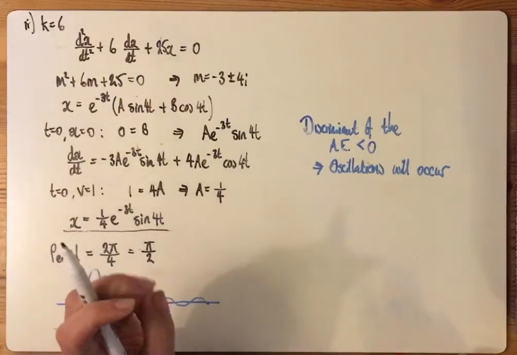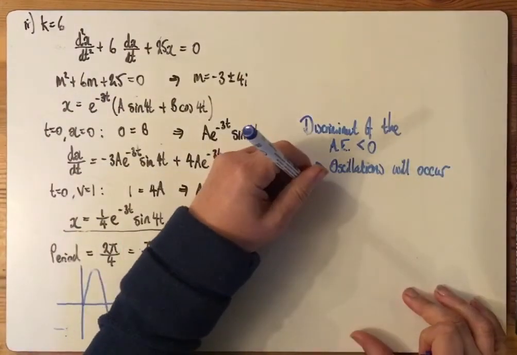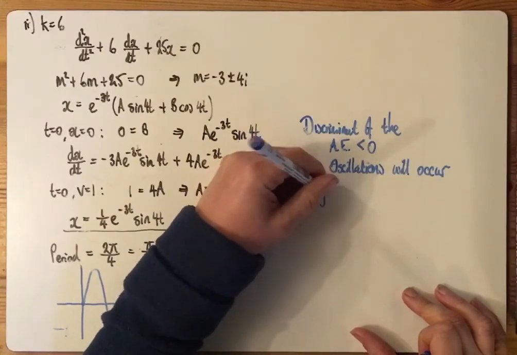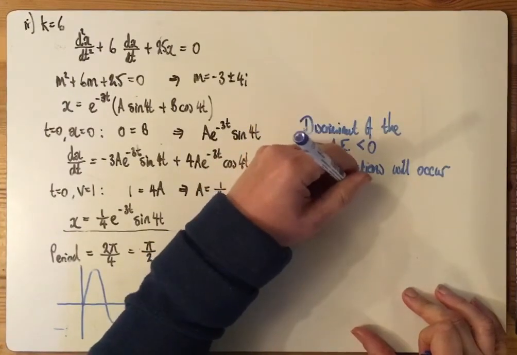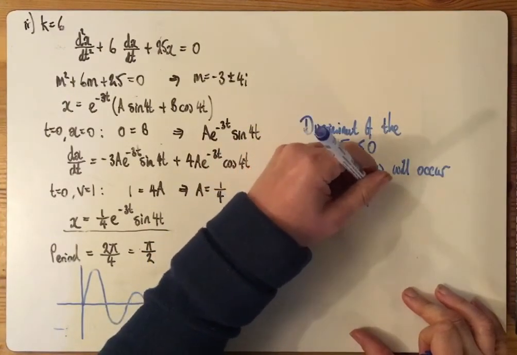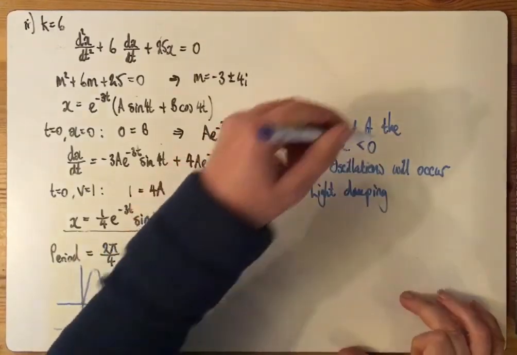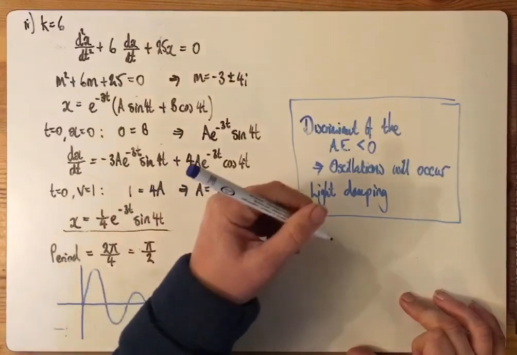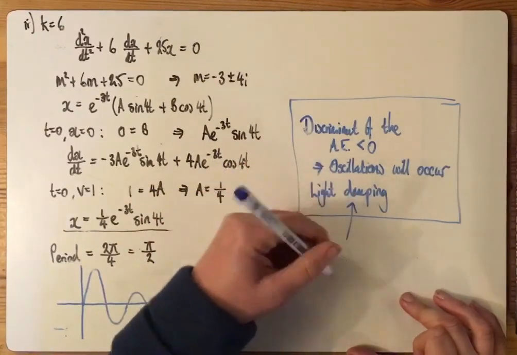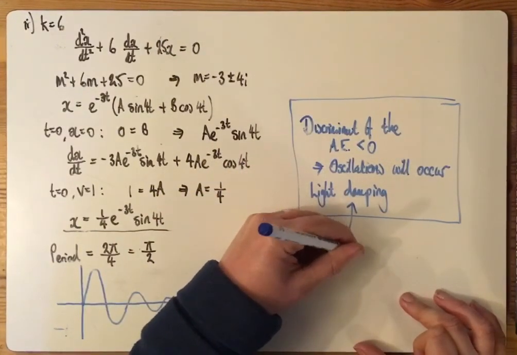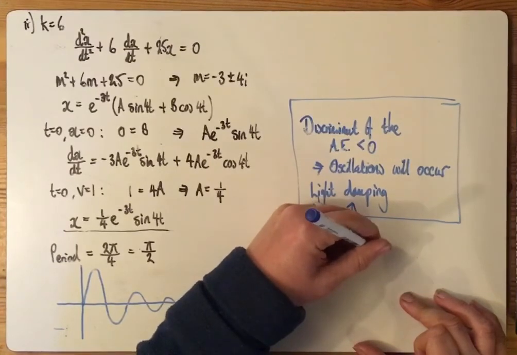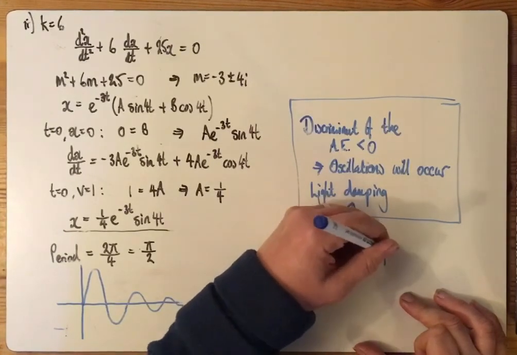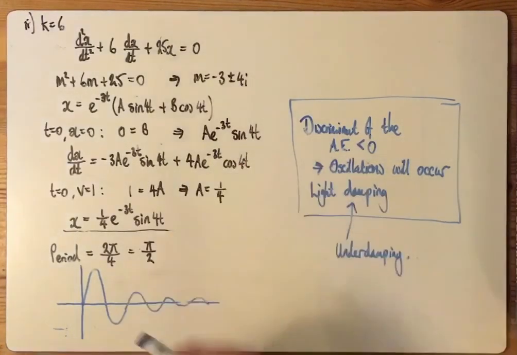And this is called light damping. You may also see that called underdamping, depending on which book you pick up, to be honest with you. But I think light and heavy damping are kind of easier words to use there.